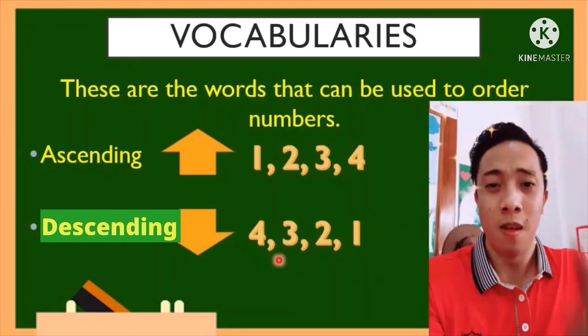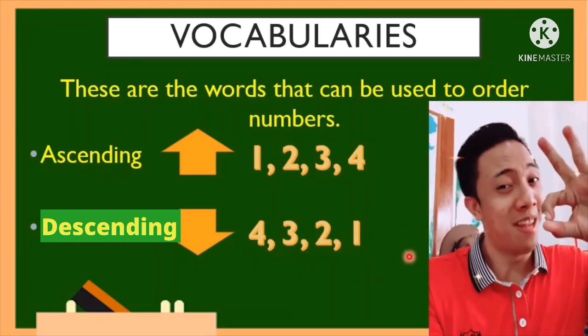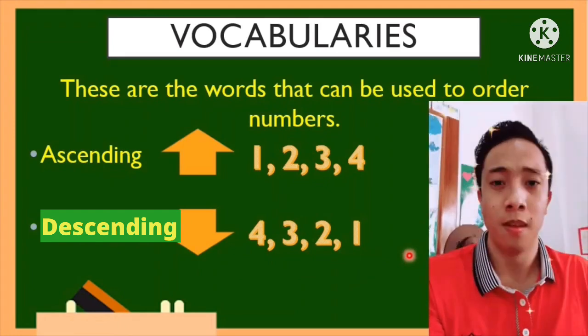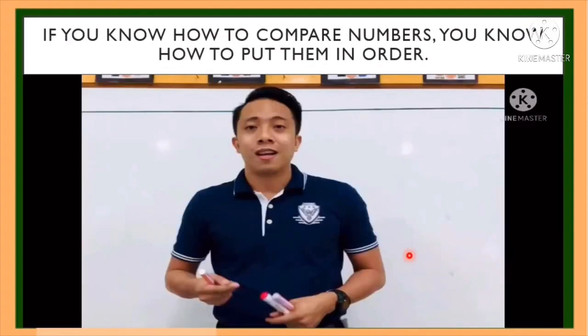Just like 4, 3, 2, 1. Alright? To have a further discussion, I need again the help of teacher JP number 2 to know how to compare numbers. And then connect comparing of numbers to ordering of numbers. Alright? So listen to teacher JP number 2.